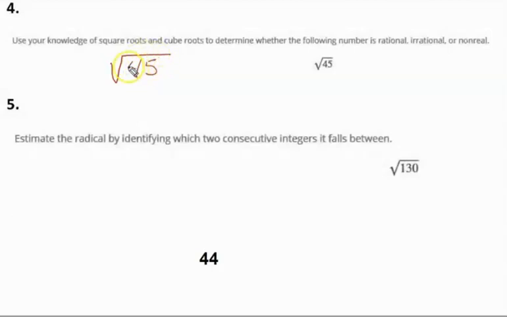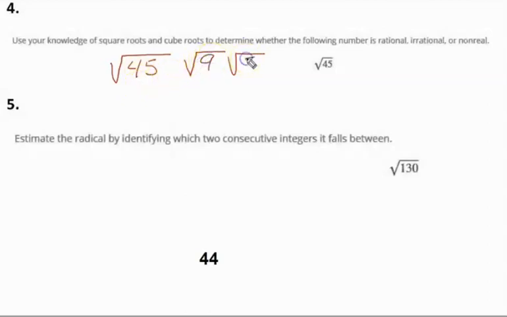So as we look at 45, we wonder, is there, and the protocol was to do 2 sets of parentheses. And under one parenthesis is to put the largest perfect square factor we can take out of 45. And what would that be? Well, that would be a 9.